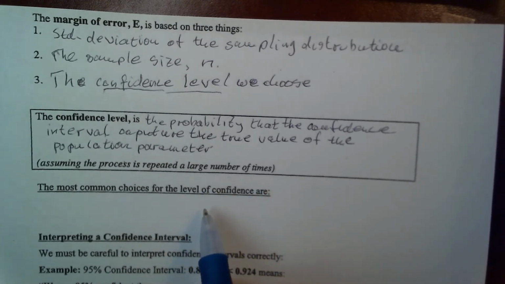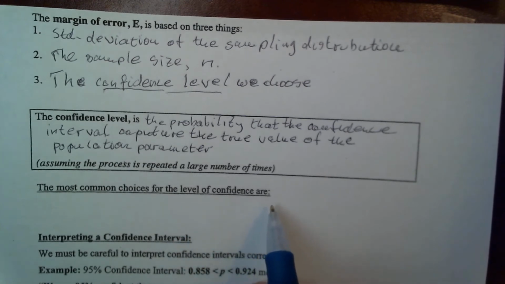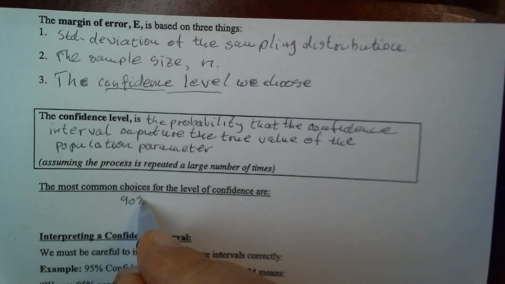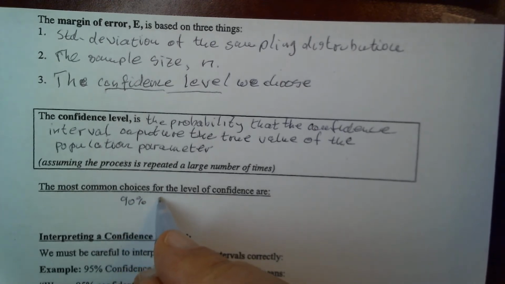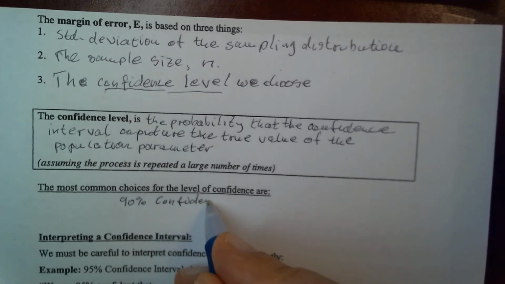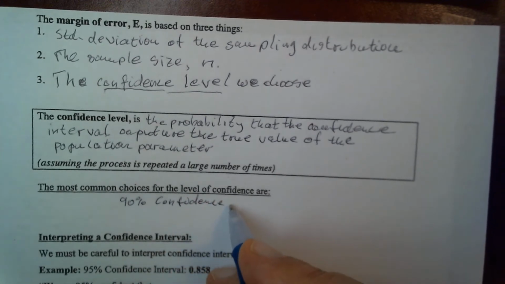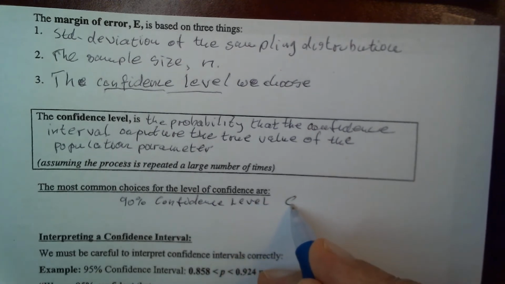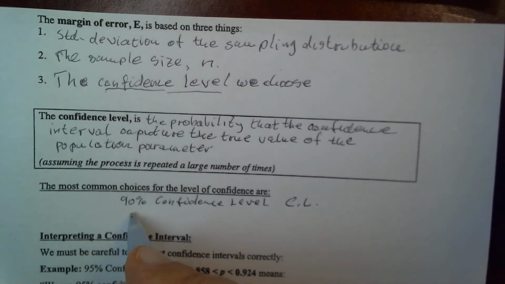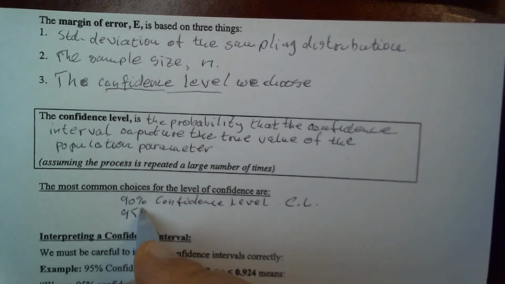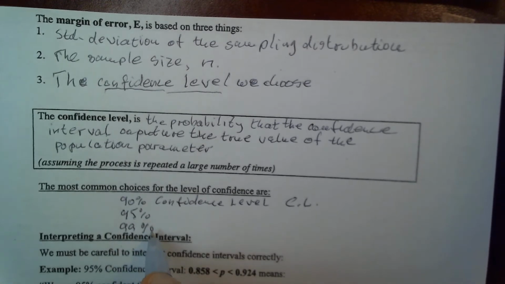The most common choices for the level of confidence, or CL, are the 90% confidence level, the 95% confidence level, and the 99% confidence level.